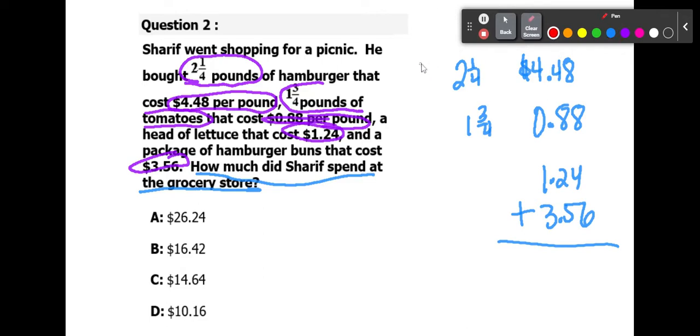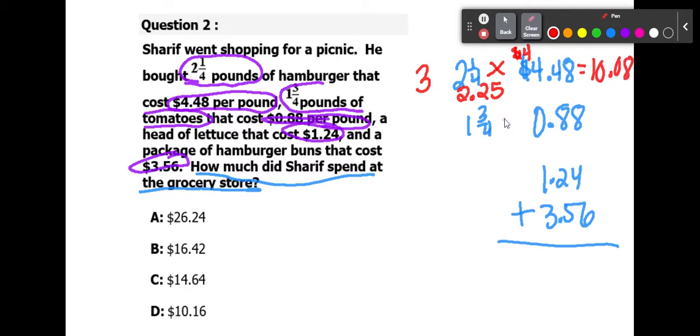If this was a 3 and it was $4 for each pound, I would do 3 times 4. So instead, I'm going to have to do 2 1/4 times $4.48. In Desmos, it does fractions, so you can put this exact problem into Desmos just fine. Or if you know that 2.25 equals 2 1/4, you can do it that way too. So 2.25 times $4.48 is $10.08 just for the hamburger.